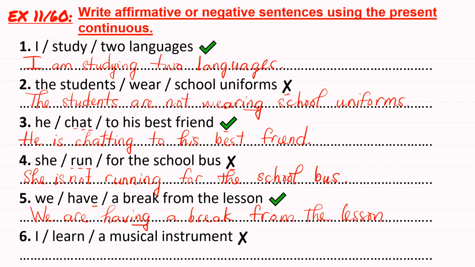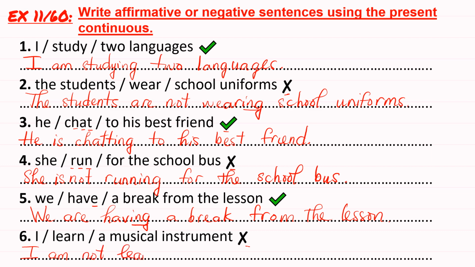Okay. And the last sentence, this is a cross. So we have to use the negative sentence. The subject is I, so to be is am. And we have the sentence I am not.